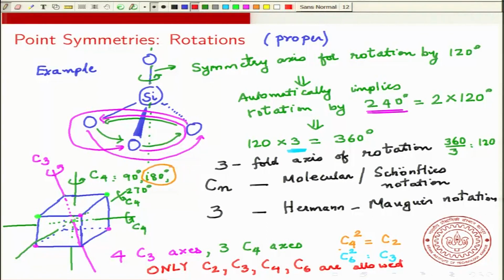This restriction goes back to the crystal systems that are allowed and the types of Bravais lattice that you have. Since the crystal has to fill the entire space, it cannot have a C5 axis, and this is a very interesting property: a perfect crystal cannot have a C5 axis.